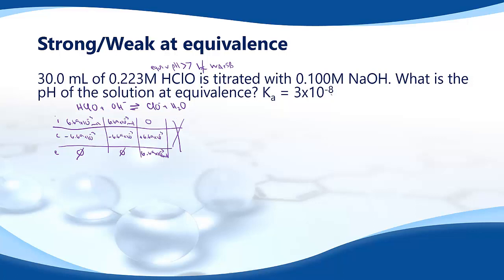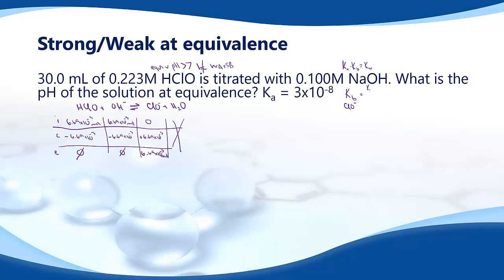Since this solution is going to be basic, I need to do a Kb. I need to do a base problem. So I also want Kb for the hypochlorite ion, right, so Kb of ClO minus. Now we know how to find Kb, right? We know that Ka times Kb equals Kw.